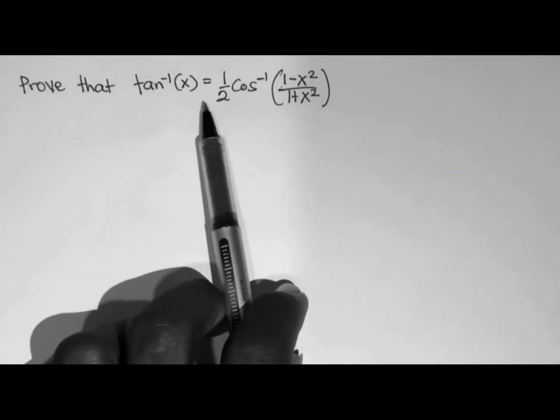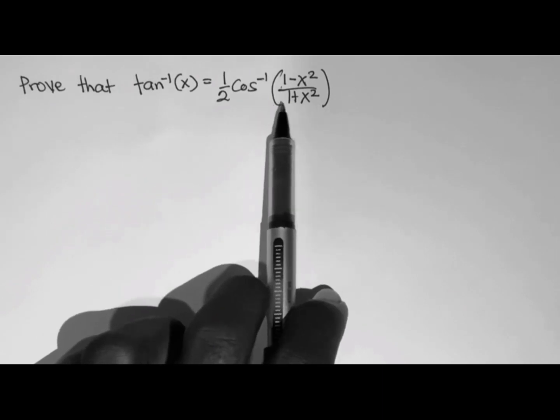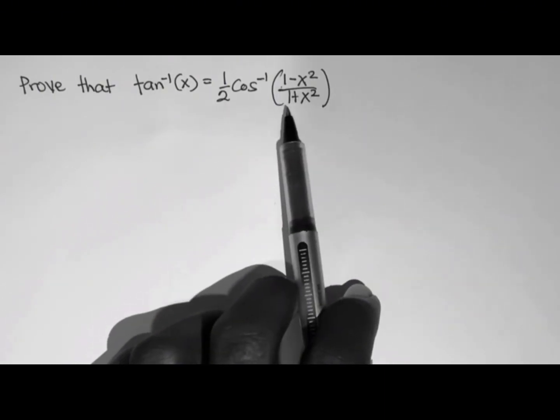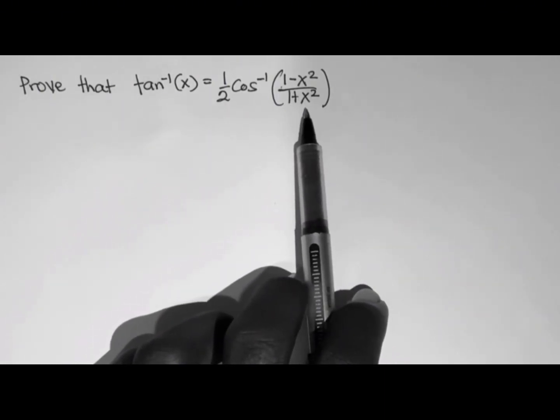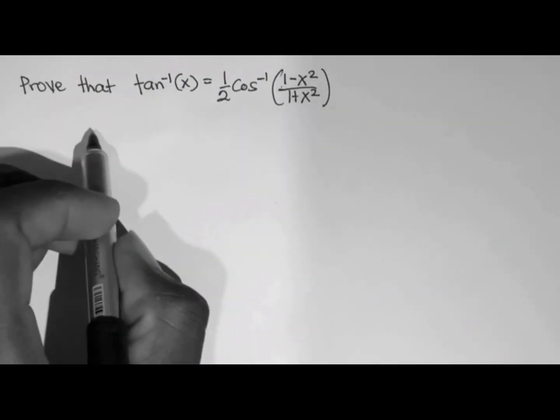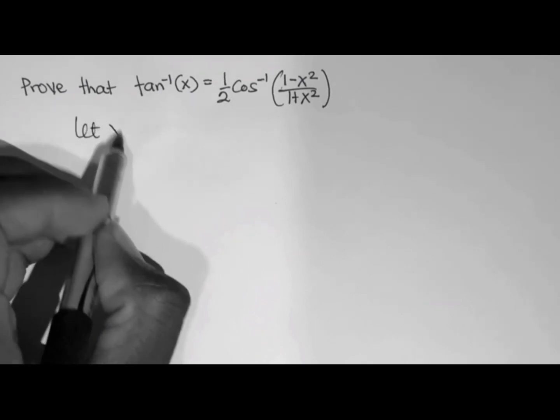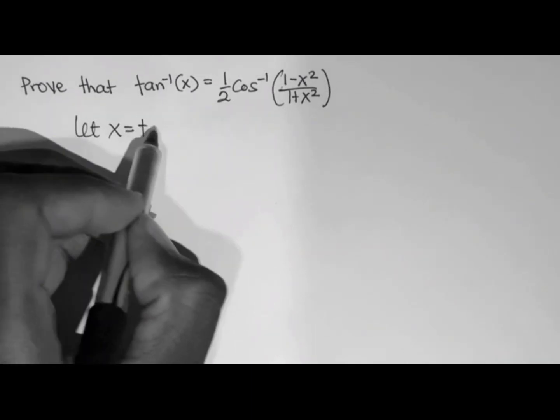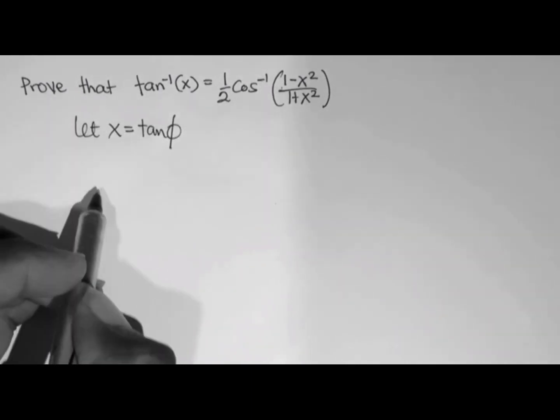Prove that tan inverse of x is equal to half cos inverse of (1 minus x squared) divided by (1 plus x squared). So now, let x be equal to tan phi.